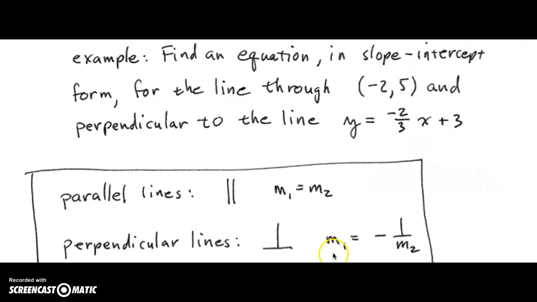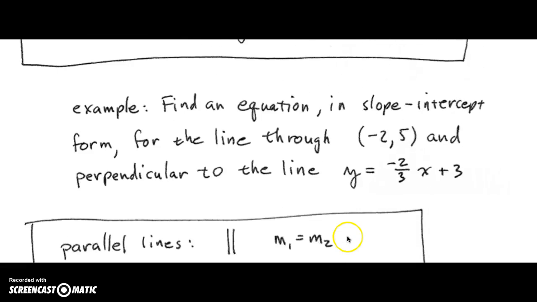That's a mouthful, but basically the product of m1 and m2 equals -1. m1 times m2 equals -1, or as I've written it here, one of the slopes will be found by just taking the reciprocal, 1 over the other slope, and also changing the sign, the opposite of the reciprocal.